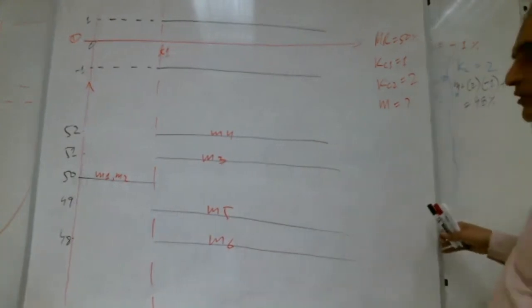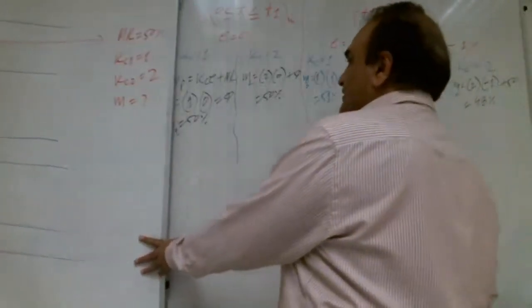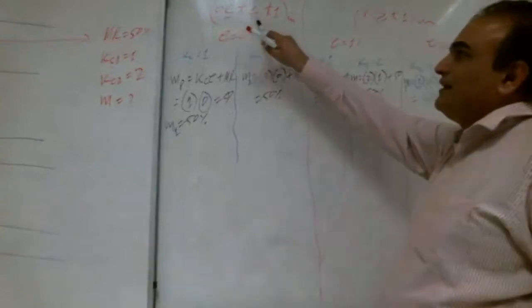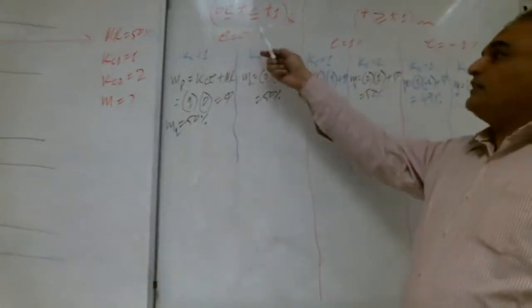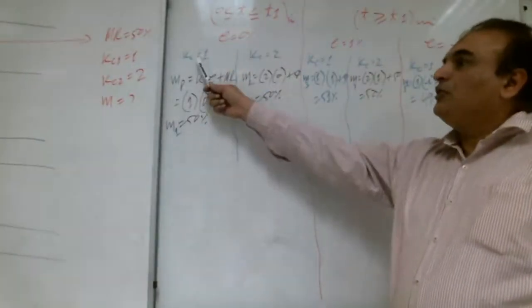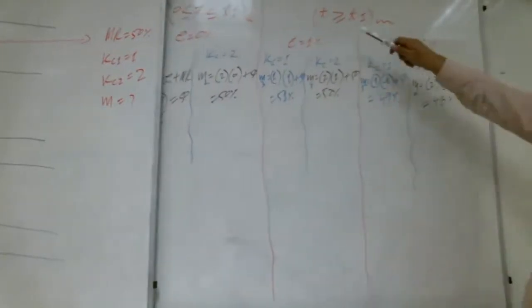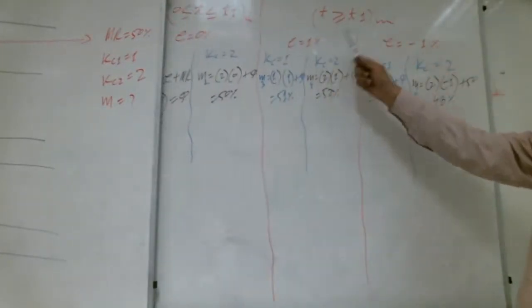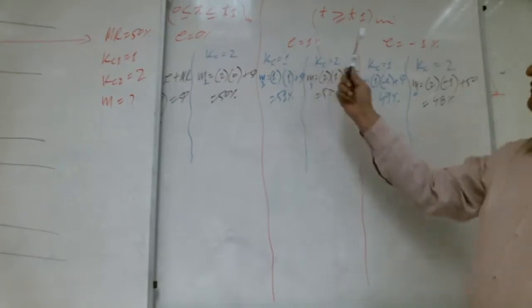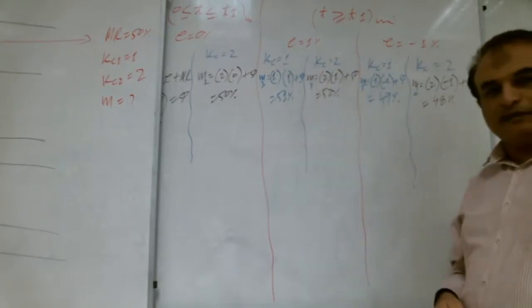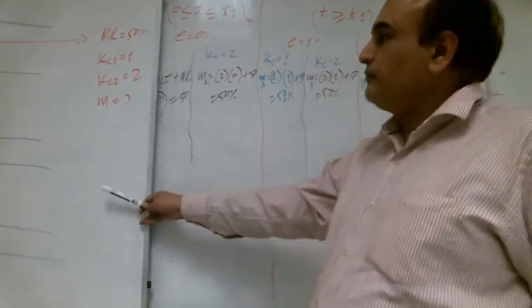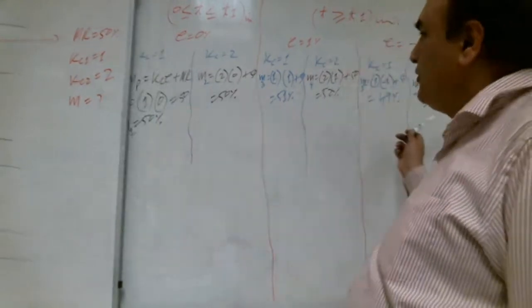We need to find the output. So what we did? We just put the values here. T less than or equal to T1, greater than or equal to 0, error is 0, Kc 1, Kc 2. On the other hand, T greater than or equal to T1, error is 1, minus 1, so Kc 1, Kc 2, Kc 1, Kc 2 here. Then we find the output.